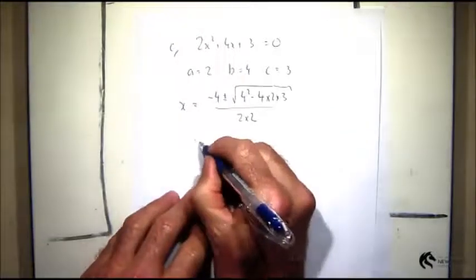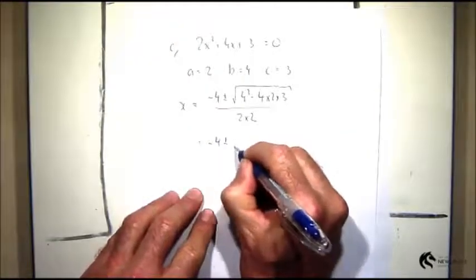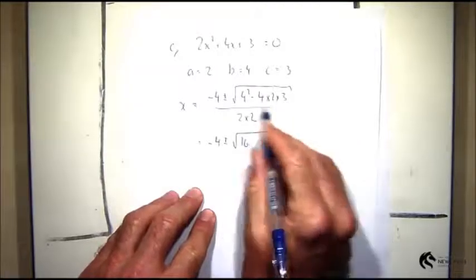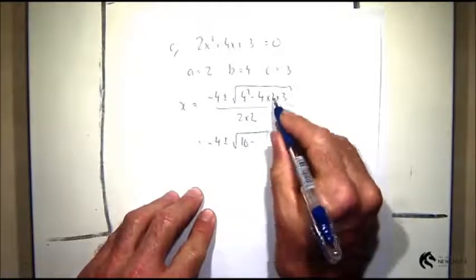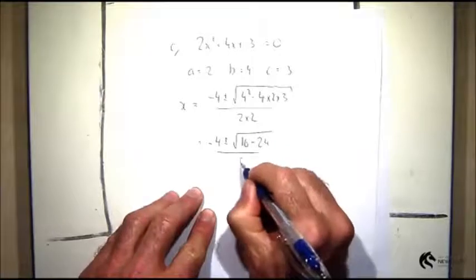This becomes minus 4 plus or minus the square root of 16 minus 8 threes are 24, all on 4.